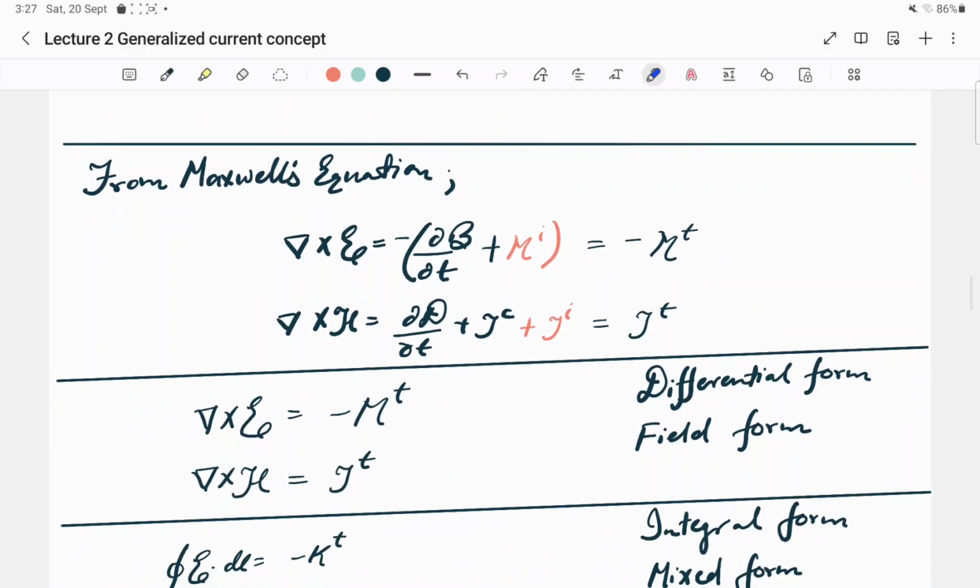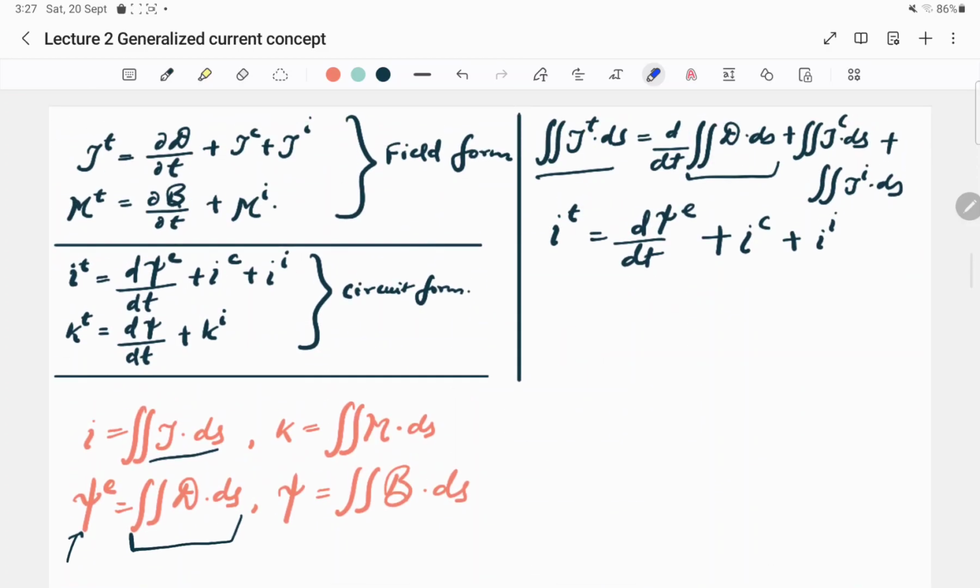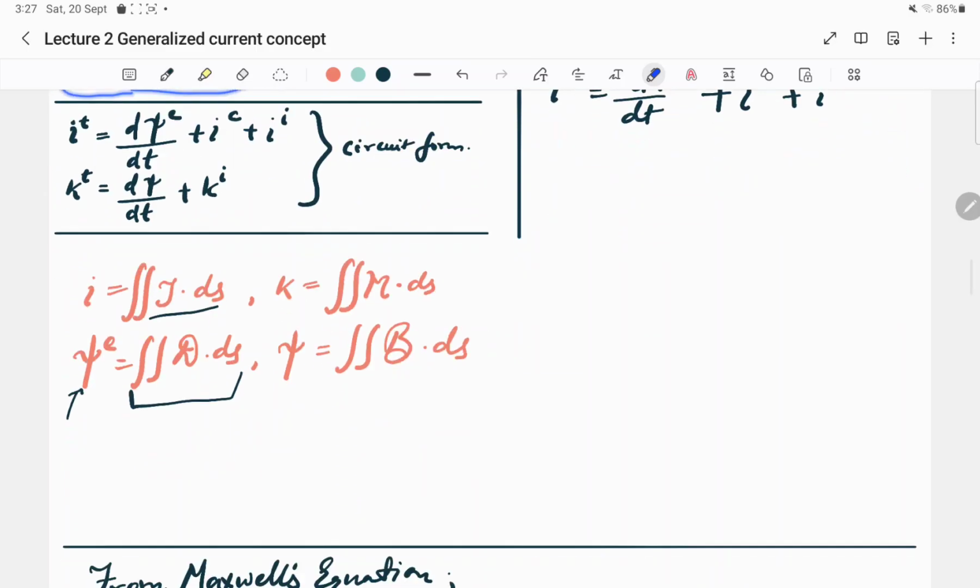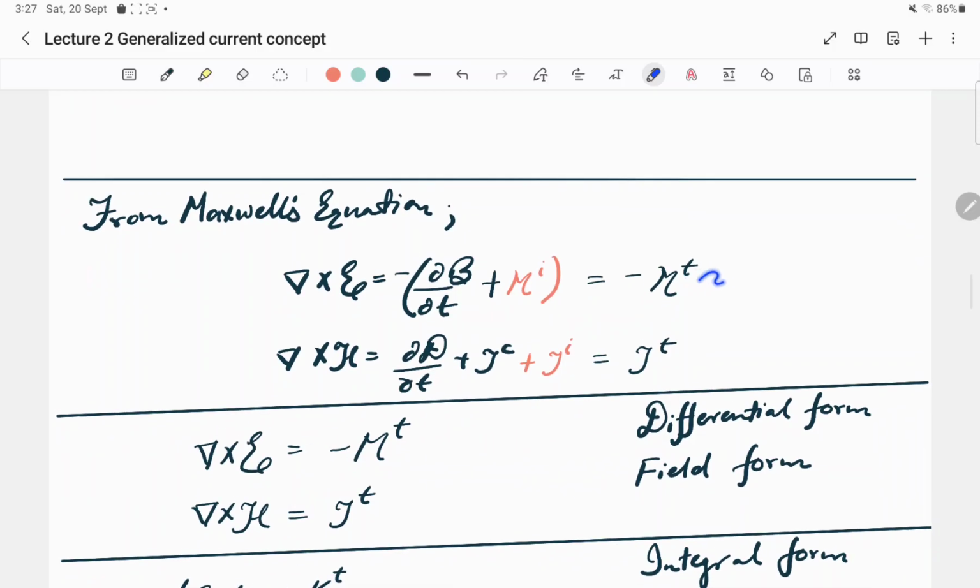Now from Maxwell's equation, we know that del cross E is equal to minus delta B over delta t. So if you add the source current Mi, then you can write this total expression as Mt, which we have already seen over here, the total magnetic current.